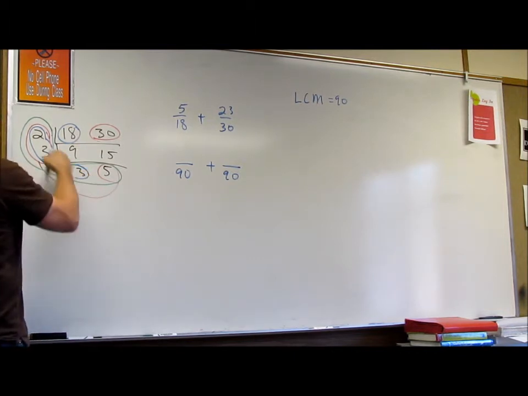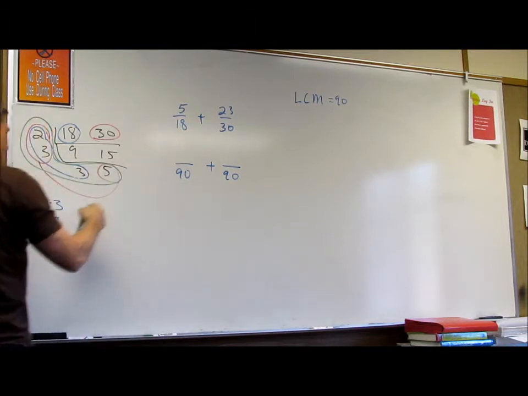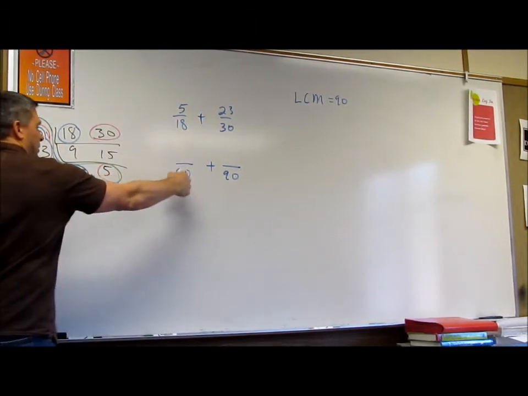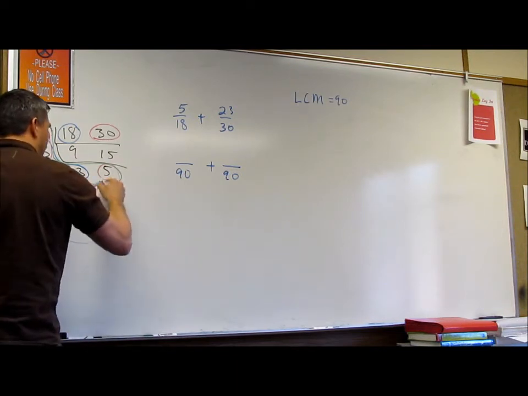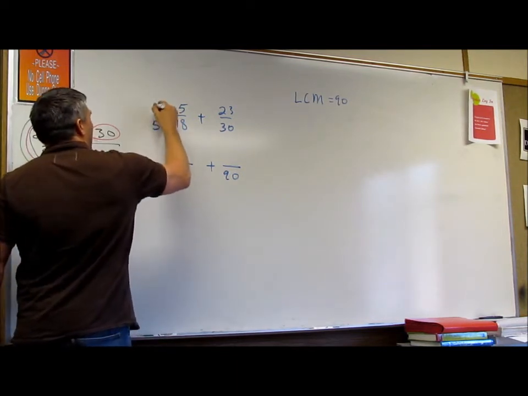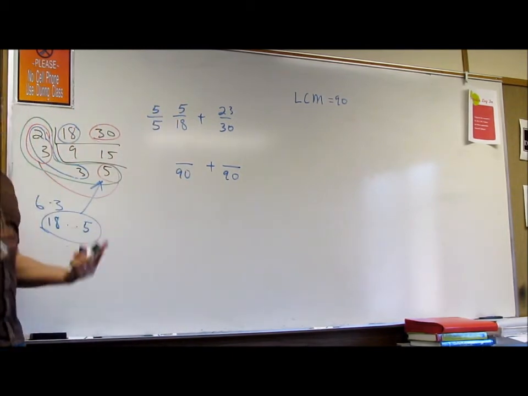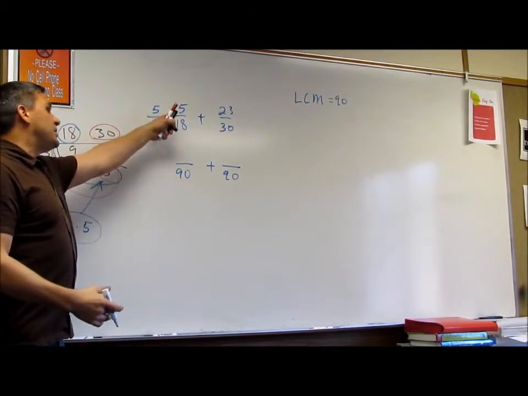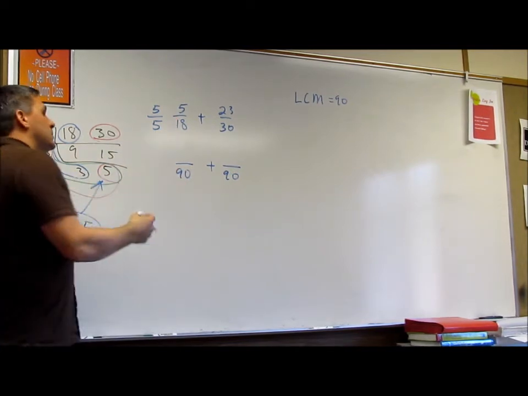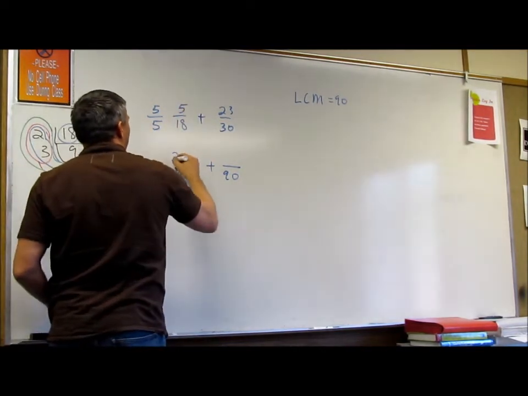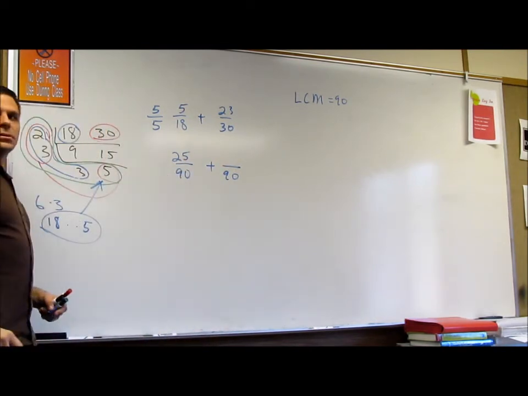Okay, well that's 18. And then 18 times what is going to be 90? It's going to be the 5 that's left over. So this 5 is how I'm going to manipulate the fraction into being a fraction that we can add. So now I've got 5 times 5, which is 25, over 90.